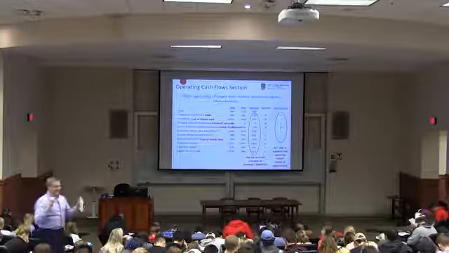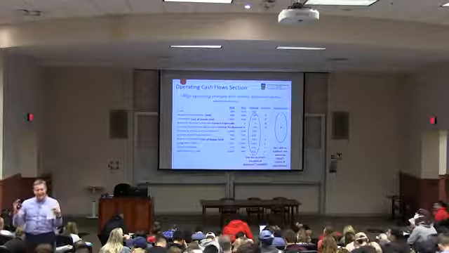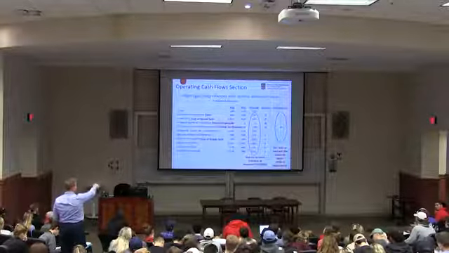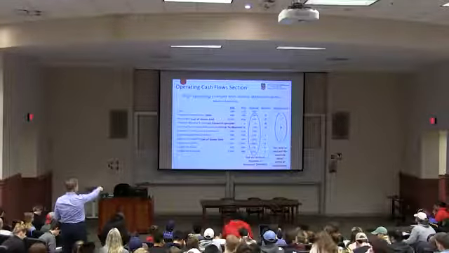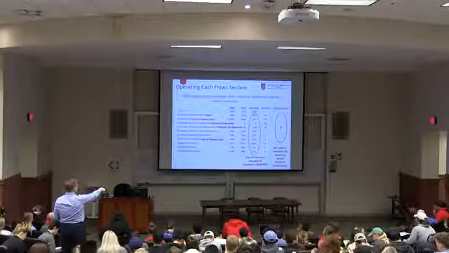All right, guys. This is where it all comes together. This is the part of the statement of cash flows. If you can nail this and get it right every single time, it's such a good feeling. So let me walk you through this. Again, this column here is what we're going to write. We're going to write there was an increase in accounts receivable. There was an increase in inventory. There was an increase in prepaid expenses.